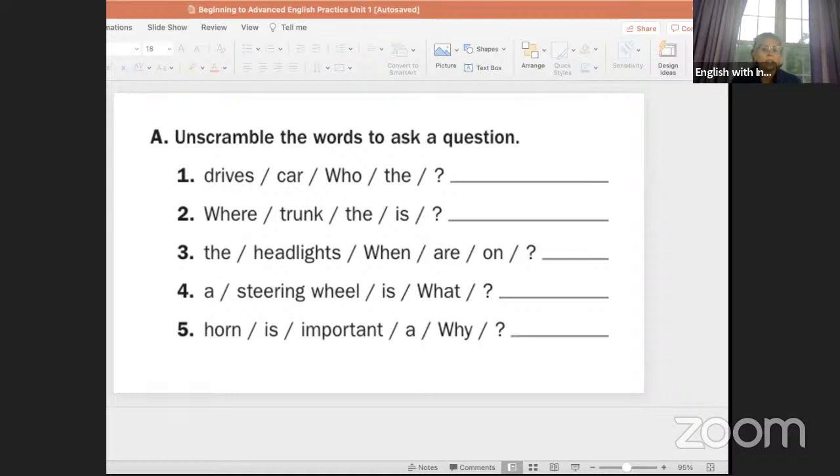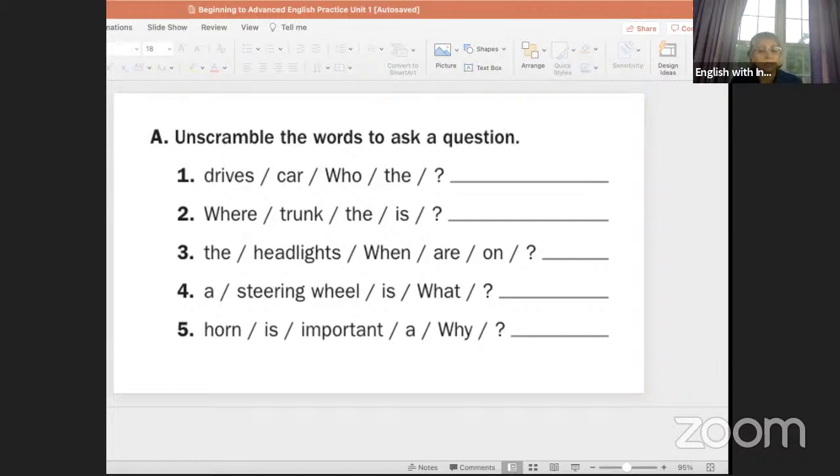Okay, the headlights when are on. The headlights when are on. So as you know, when it's a question, we always use the WH questions. We started with when, where, what, and then we can use the be verb, right?